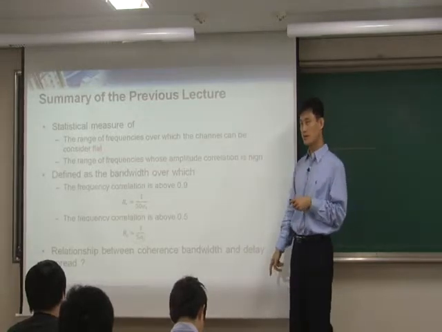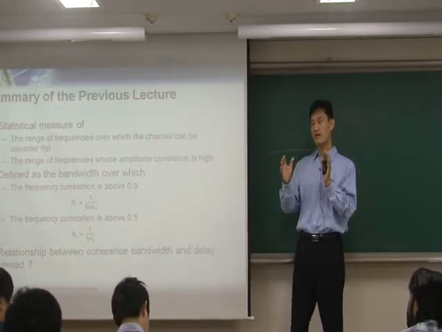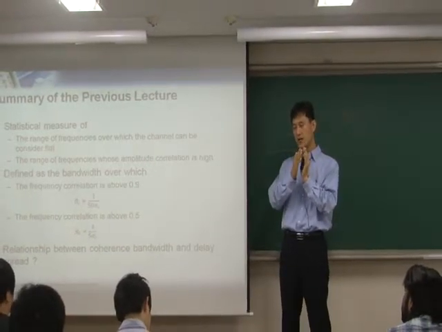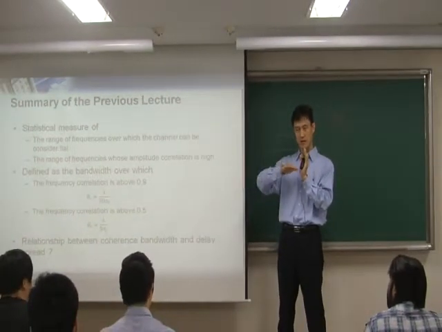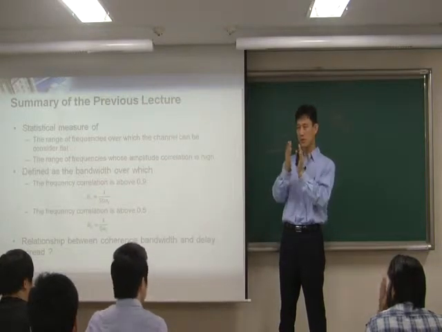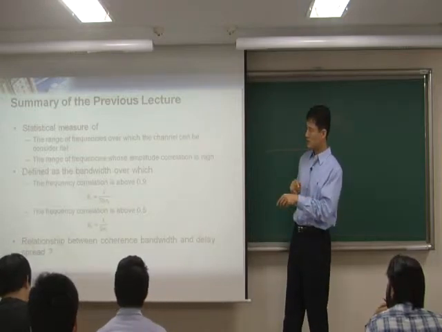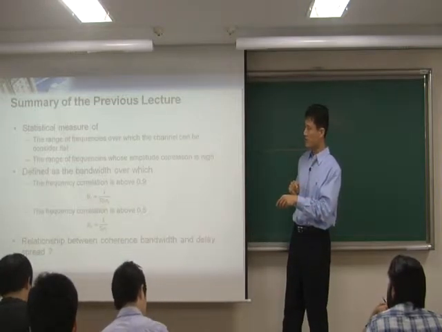Why is that? Again, same way. When you have a large time dispersion in the time domain, that means in the frequency domain you have a small flat region. Okay? So that's the definition of coherence bandwidth.